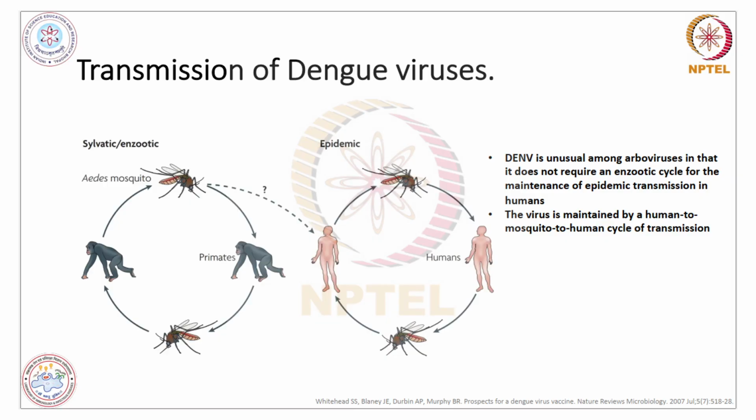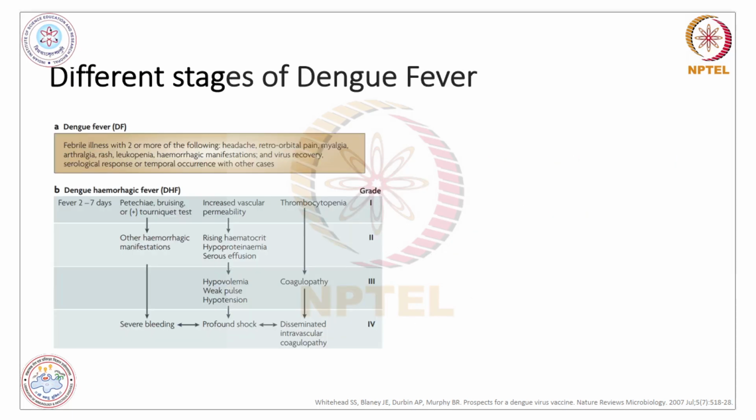What was that disease? So this virus is maintained by a human to mosquito to human cycle. Something will be there in the human, then it will go to the mosquito, then it will again go to the human. So the mosquito is the intermediate here. It is responsible for spreading that disease.